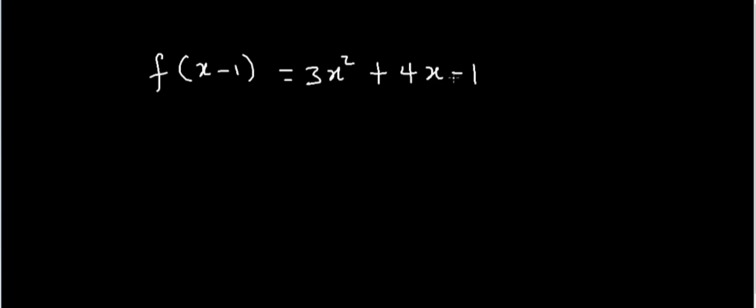Now, suppose you want to get advanced with your workings. In some situations where you have a question like this, f of x minus 1 equals the function 3x squared plus 4x minus 1. Now, this question has been provided, and you're asked to get f of minus 2, and you're also asked to get f of 3.